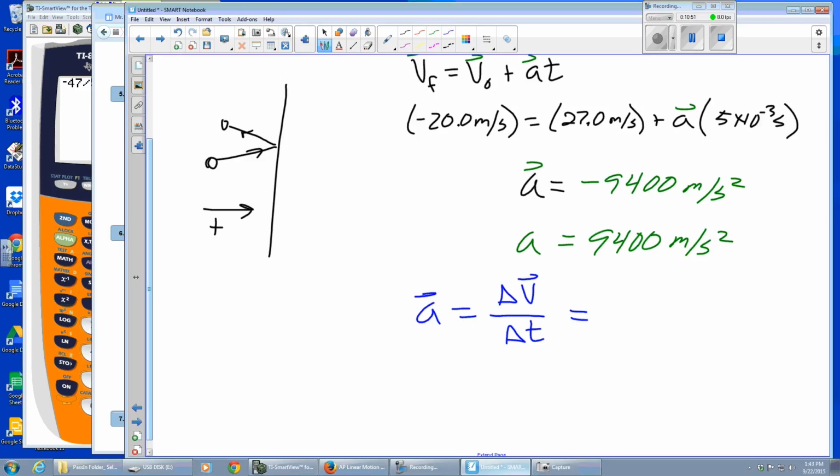And we said, okay, well, the change in my velocity, it's going from 27 one way to 20 the other way. So that's a change of 47 meters per second. And the change in my time is 5 times 10 to the minus 3 seconds. So just by using that definition of acceleration, does that make sense also? Yeah, but does this make sense how to do it in your head even?